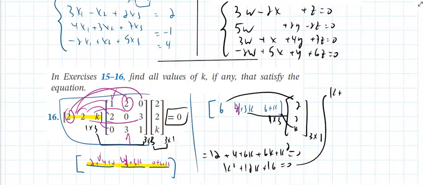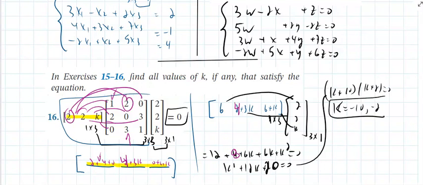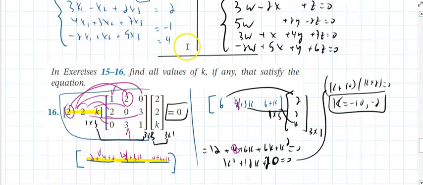So when I multiply that, that gives me an 8. That makes this a 20. And that's really k plus 10 times k plus 2 equal 0, and k would be negative 10. And again, they give you something basic. They just want to make sure that you are following the multiplication.